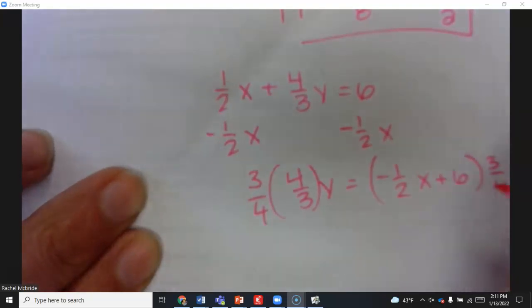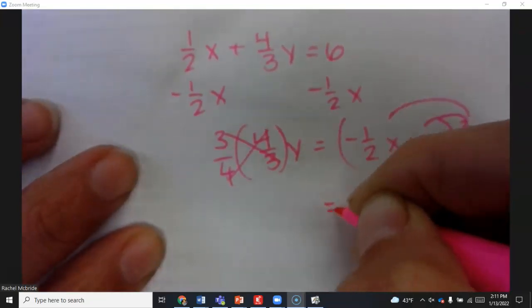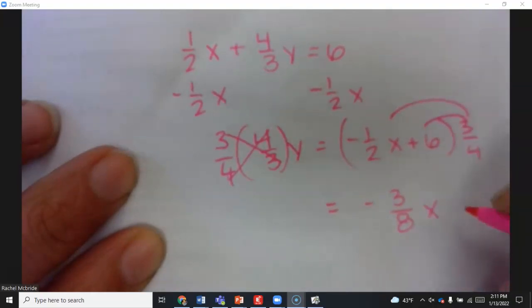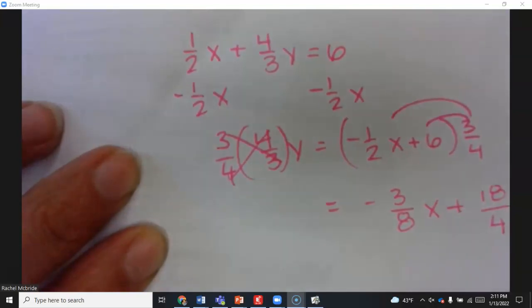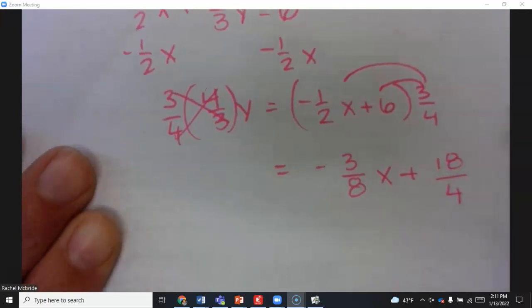And it had to distribute to both parts. So you had negative 3/8 x plus 18/4.